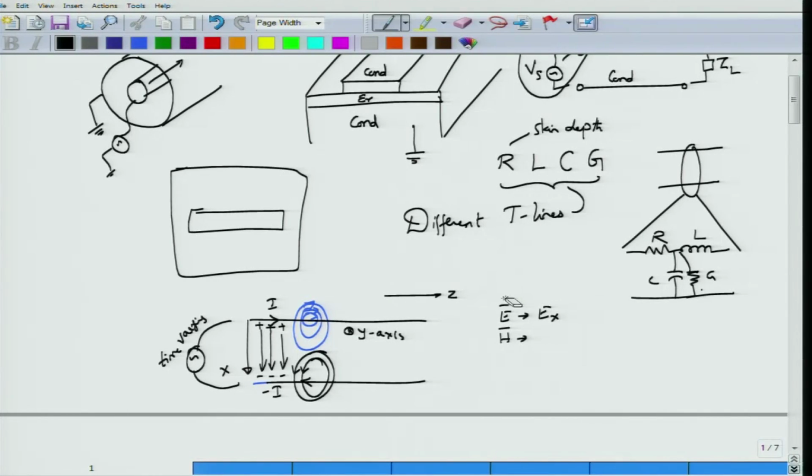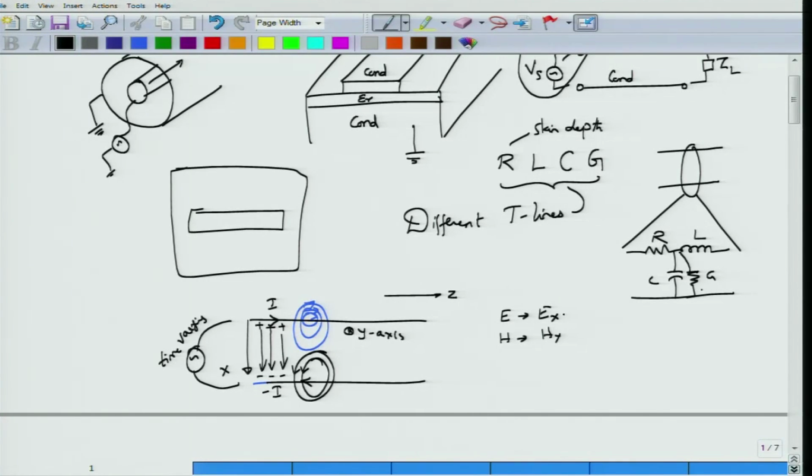I am not going to write down the vector notation because it is not really important over here. The magnetic field that would be there is mostly confined in the plane that is transverse to both the x and z directions. The magnetic field lines are in the direction of Hy.